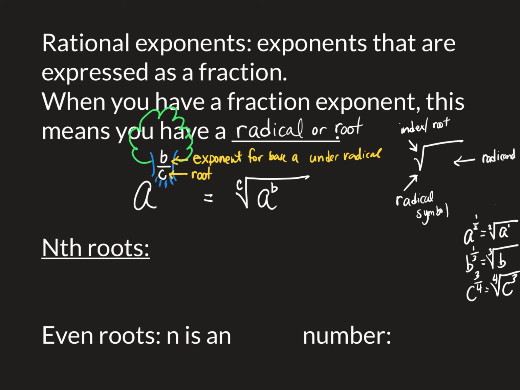Now, we know, and I know you've learned this, that the square root of 100 is 10. The reason why the square root of 100 is 10 is because of what are called nth roots. If A to the n is equal to B, then A is the nth root of B. For example, 2 squared equals 4.